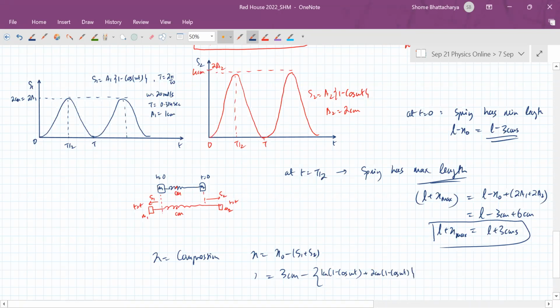So the compression of the spring at any instant of time is, you see that this 3 and 3 cancel out.